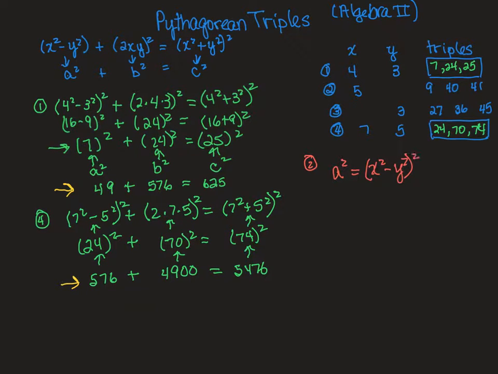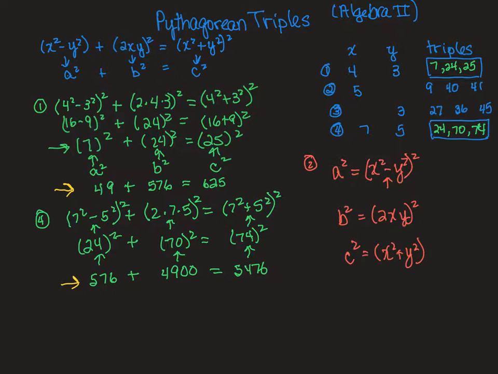B squared is equal to 2 times X times Y. And C squared is equal to X squared plus Y squared. So if I do X squared plus Y squared, I get C. If I multiply 2 times X times Y, I get B. If I take X squared minus Y squared, I get A.